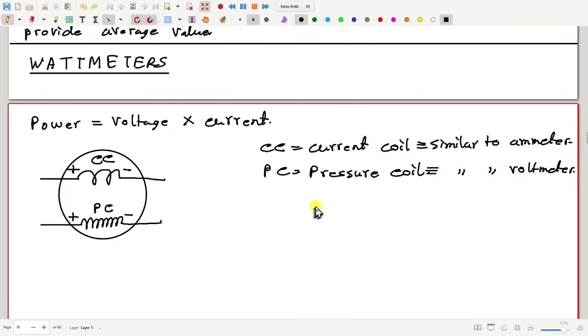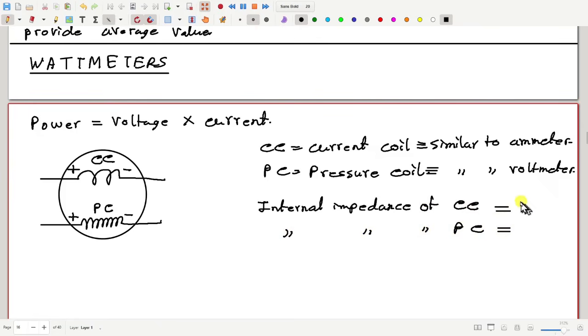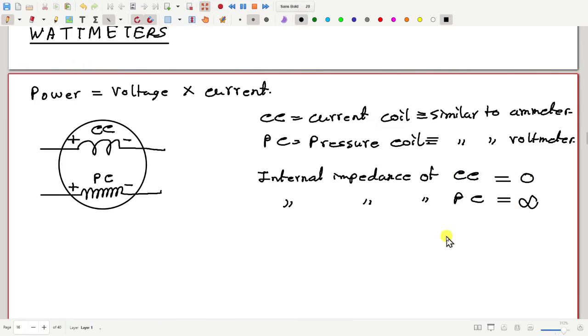What do I mean by that? The internal impedance of CC should be how much, and the internal impedance of the pressure coil? The current coil should have 0 impedance, the pressure coil should have infinite impedance. Practically, as small as possible impedance for the current coil and as large as possible impedance for the pressure coil.